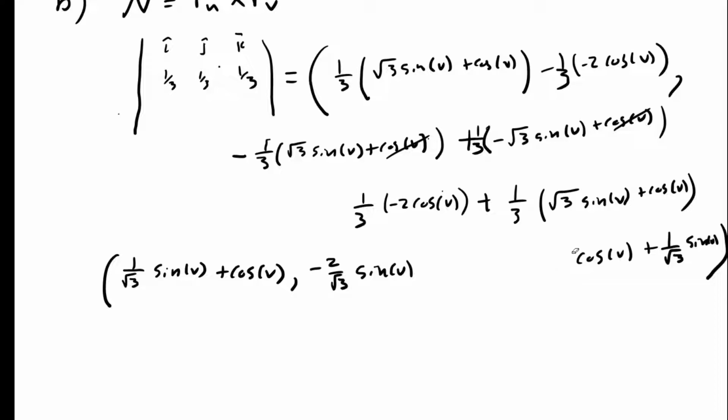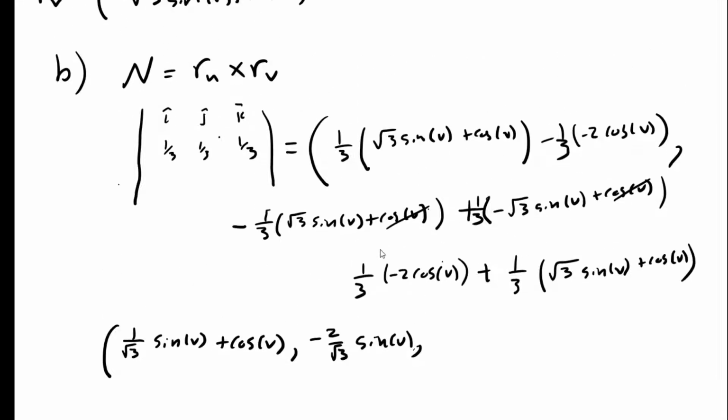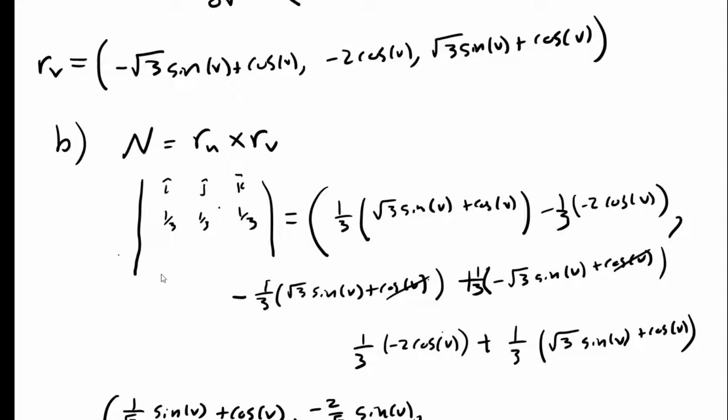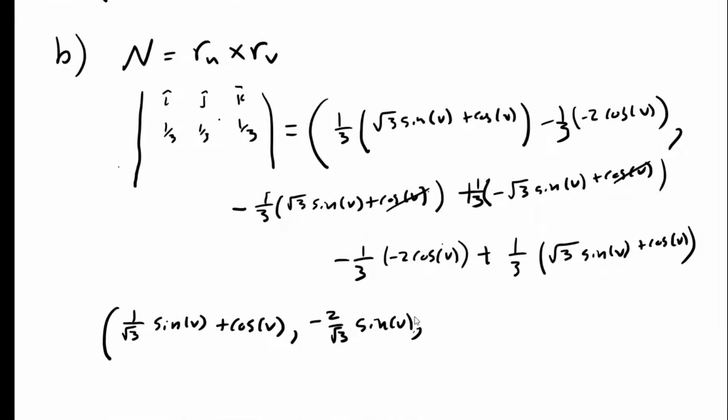And then let's check this, because I feel like that's slightly wrong. Okay, and then the k component, I have, cross this out, I have 1/3 times this minus 1/3 times this. This should be plus. Okay, yeah, so we have plus 1 over root 3 sine v plus cosine.